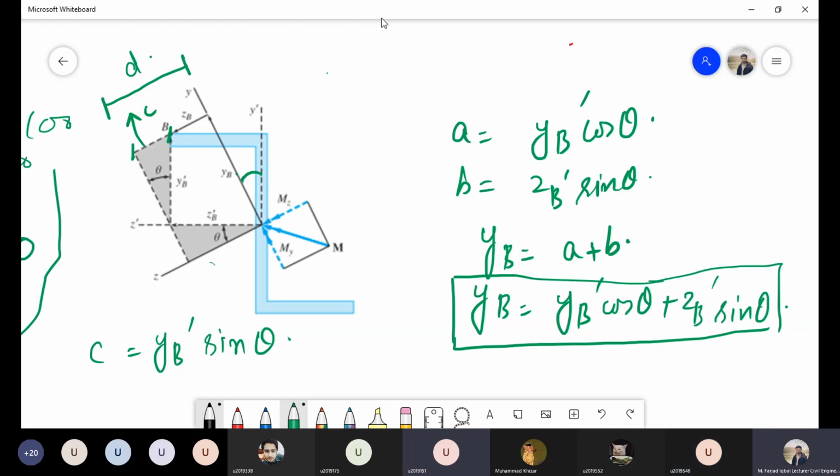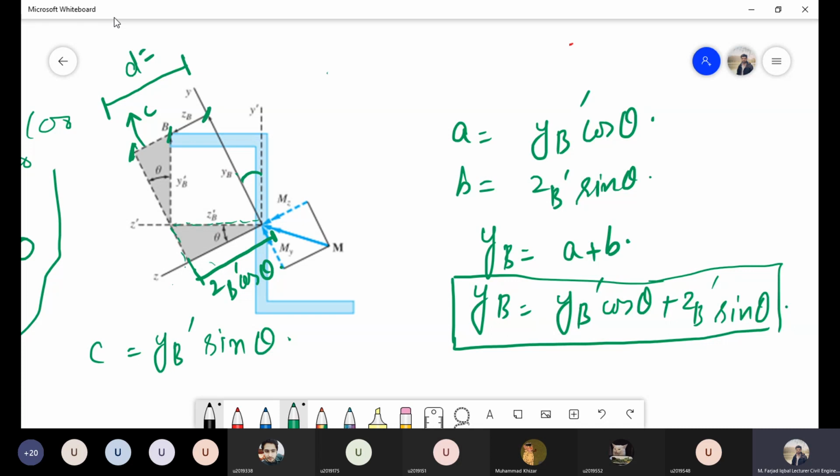If I look into this particular triangle, there is this inclined distance. Now this distance is obviously zb dash cos of theta, and this horizontal distance which is shown over here is equal to this distance which is shown in this triangle, right?